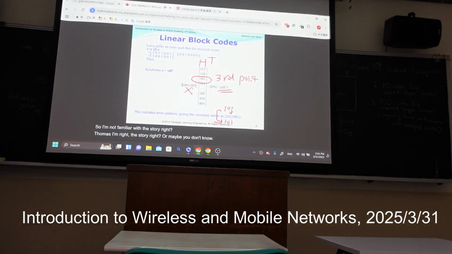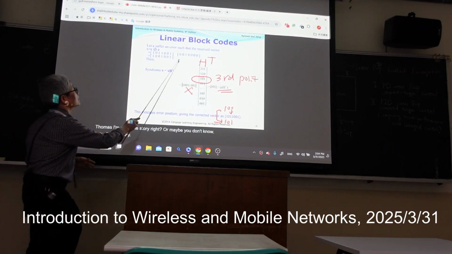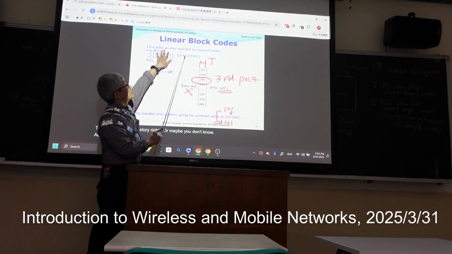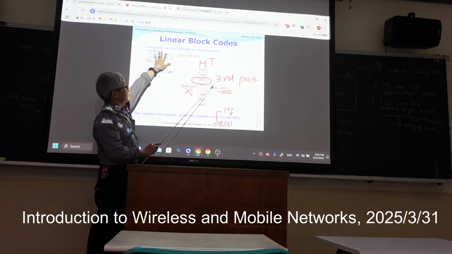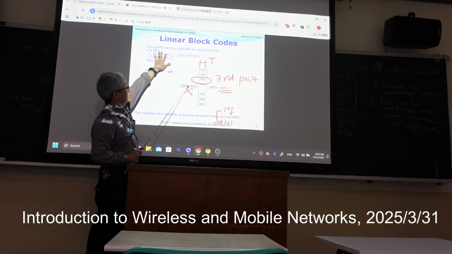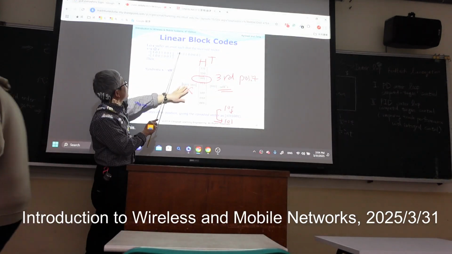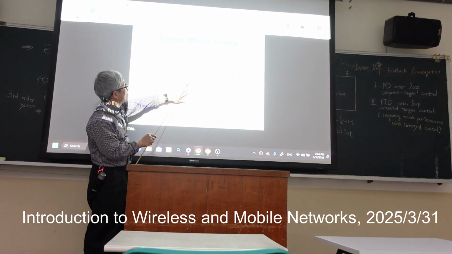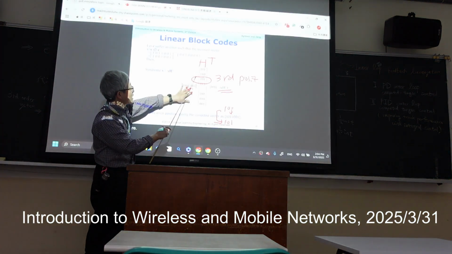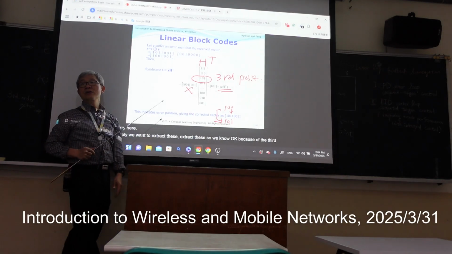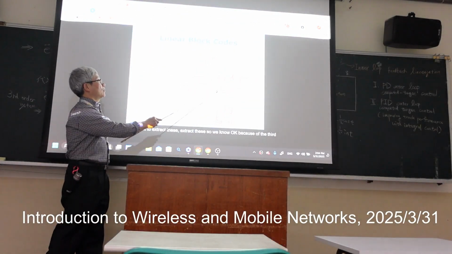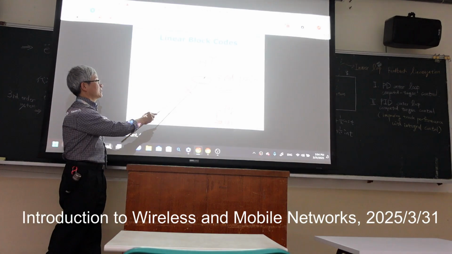Actually, the story is 001. So multiply means 0. Oh, sorry, here. 001. So multiply, we want to extract this. Extract this, so we know, okay, because of the third position. So that we just count, using the pattern. Yeah, it's the third position.